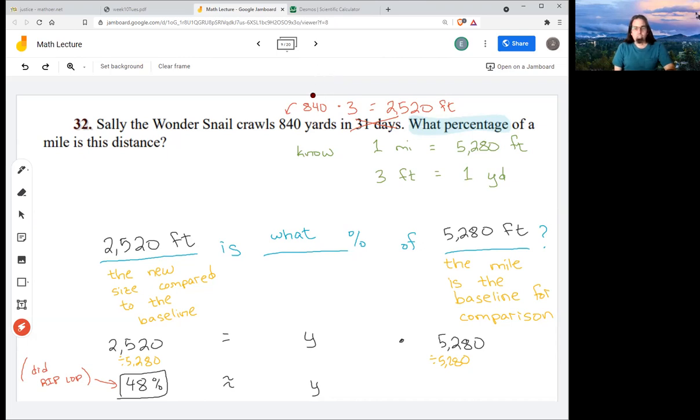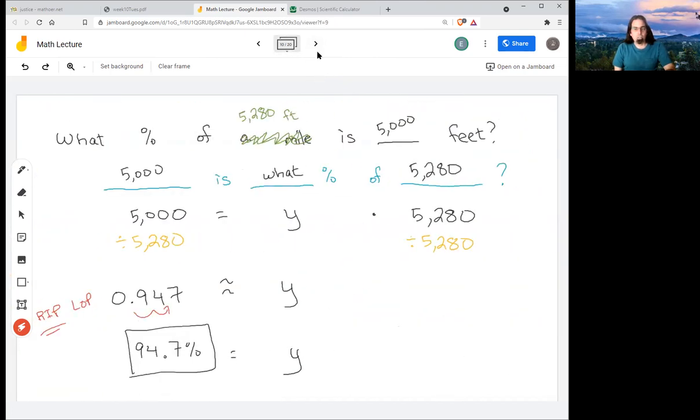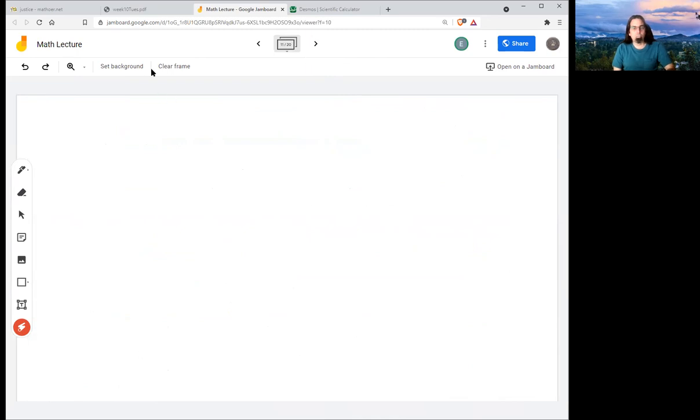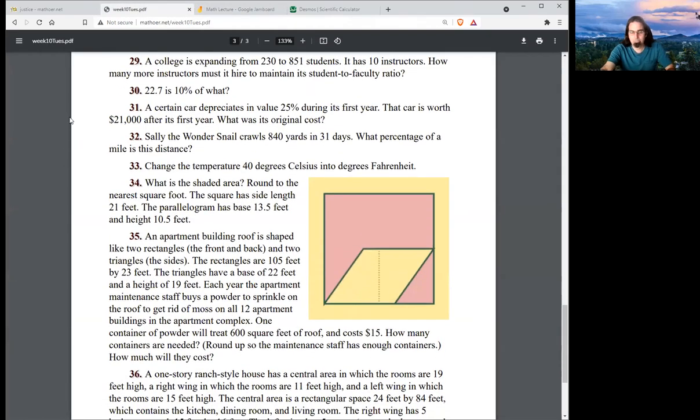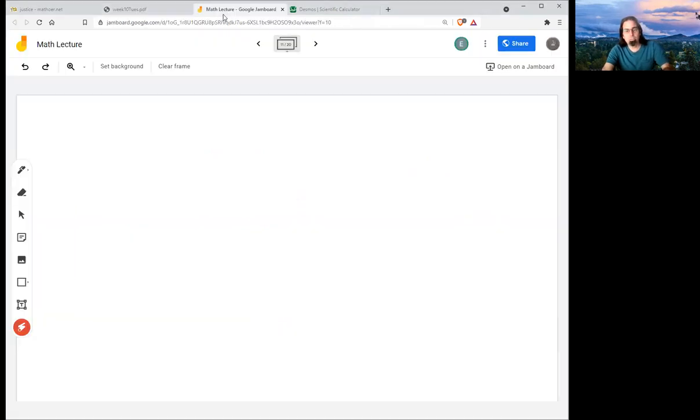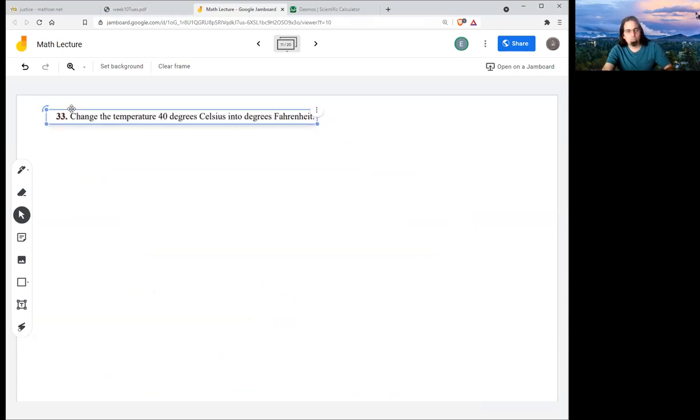And as you're studying, just take the most important things, whether they're example problems or notes or whatever, and put them on that page. It'll make things so much easier on the test to not have to flip through pages and pages and pages of notes. And it will help your studying to know what you have down pat and what you still need to study. So if you want to copy these things from the Jamboard into your notes, you are welcome to do that.